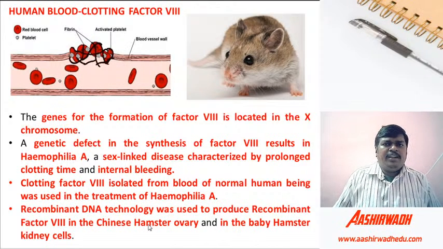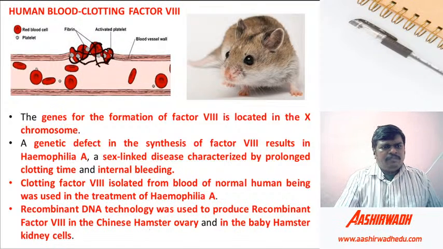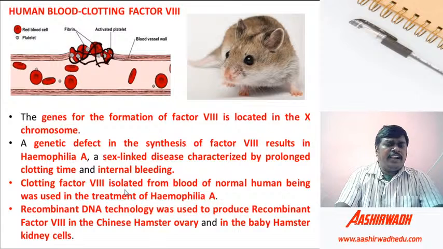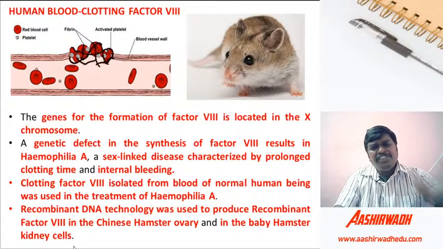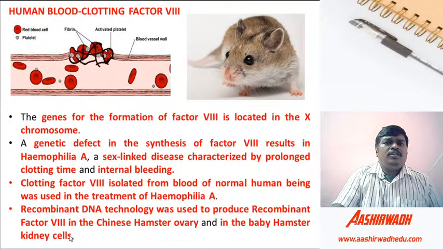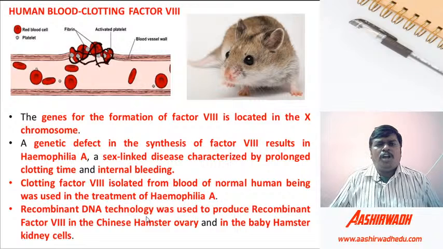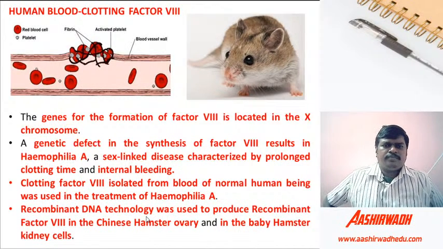Usually clotting takes less than a minute or a maximum of 2 minutes. Whereas in this case, they have a prolonged clotting time, and also internal bleeding, mainly due to deficiency of clotting factor 8. Through recombinant DNA technology, clotting factor 8 is isolated from the blood of normal human beings and used to treat hemophilia patients.